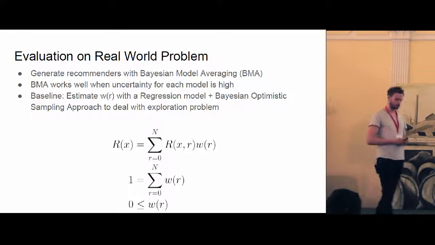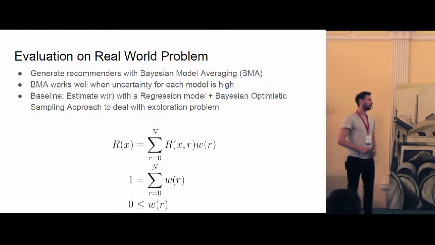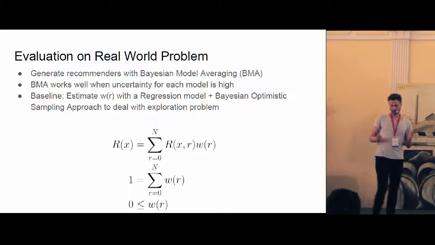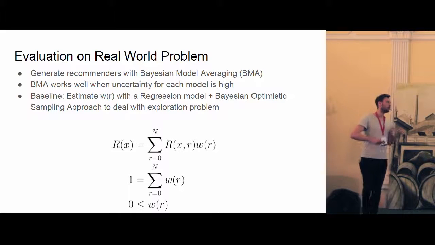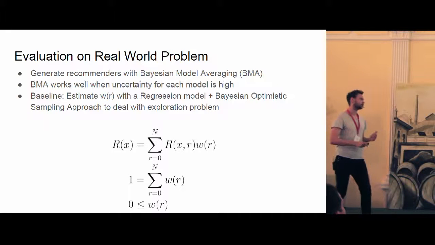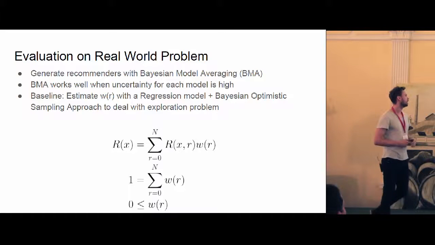We also applied it to a real-world problem at Plista. The problem looks like this: we have n recommenders, and they all give us a list of recommendations, and we want to average them with a weighted average. So the task is to determine these W's. They should sum up to 1 and be bigger than 0.